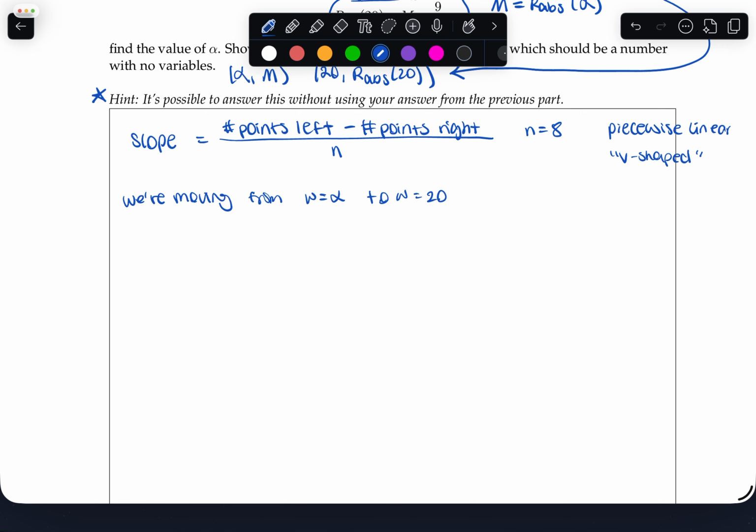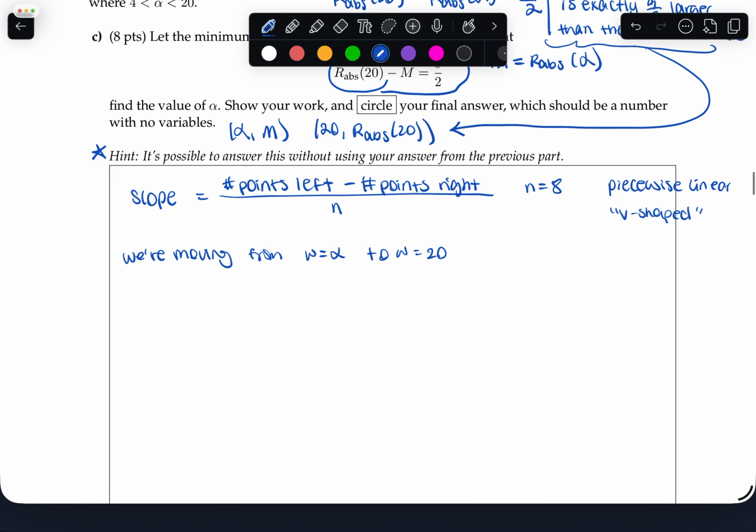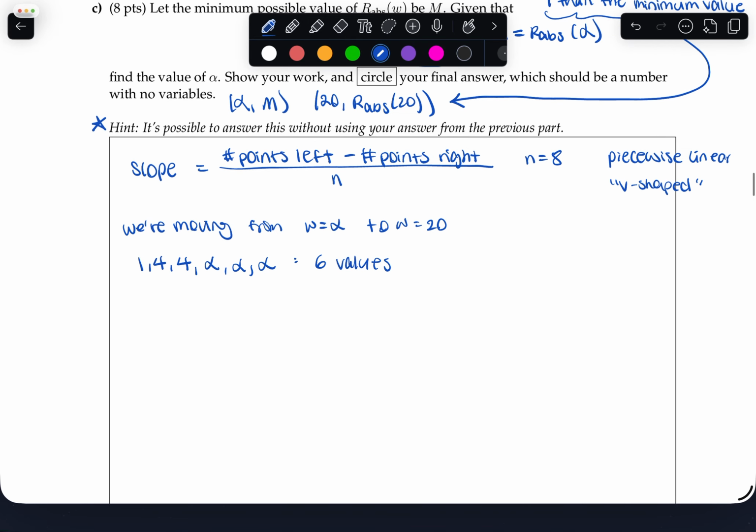We'll first count the points strictly less than 20 from our data set, which is 1, 4, 4, alpha, alpha, alpha. That's 6 points. Then we'll count the points that are equal to 20, and that is just 20 and 20, so that's 2 values.